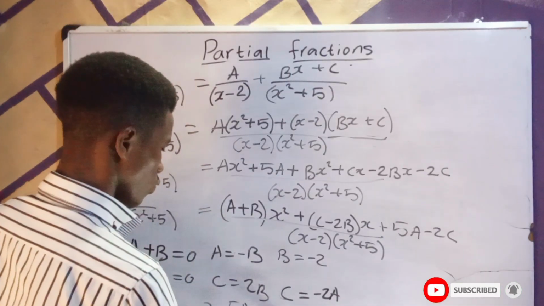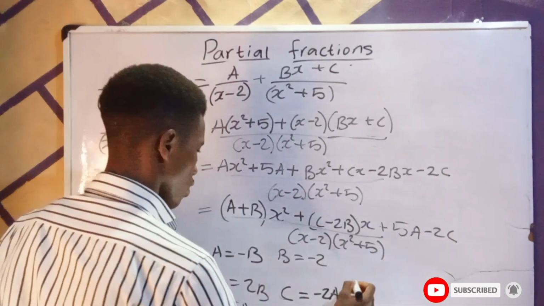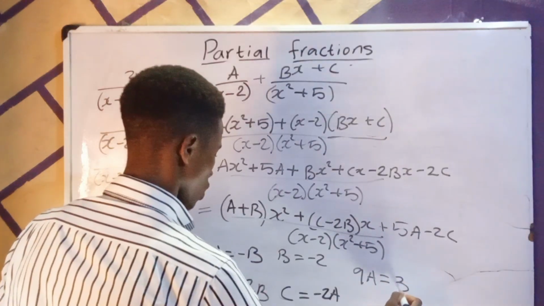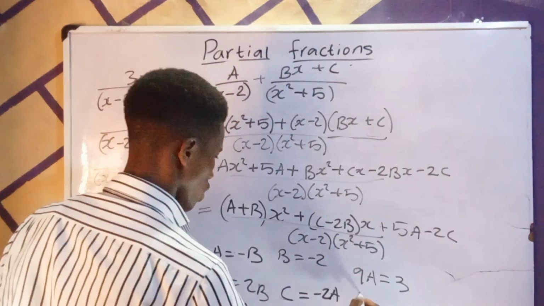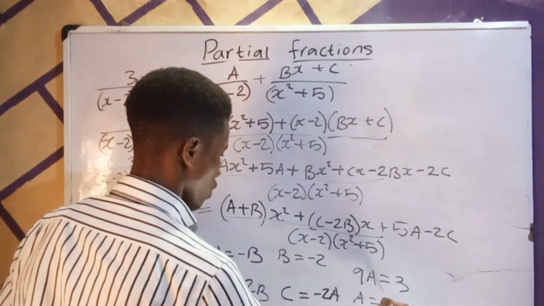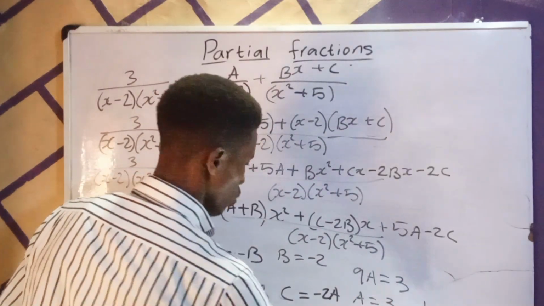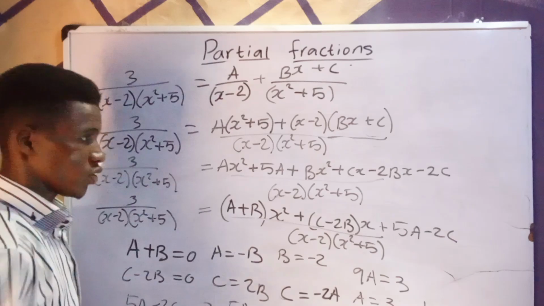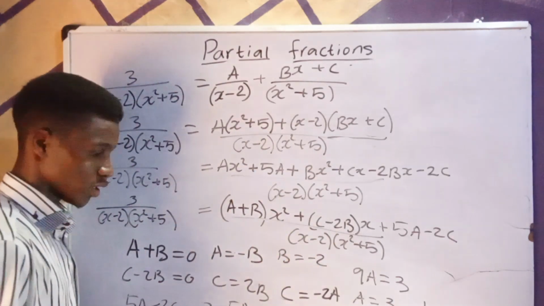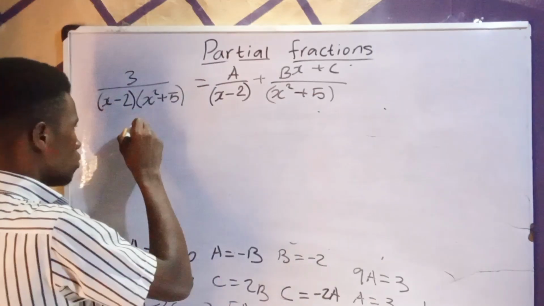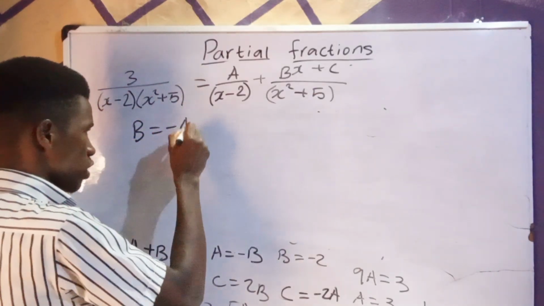So here we see that this is 9a. So I have that 9a is equal to 3. So a is equal to 3 over 9, which is equal to 1 over 3. So I've gotten the value of a as 1 over 3. Let's just wipe here and finish up the others. From here we saw that a is equal to 1 over 3, but b is equal to minus a.